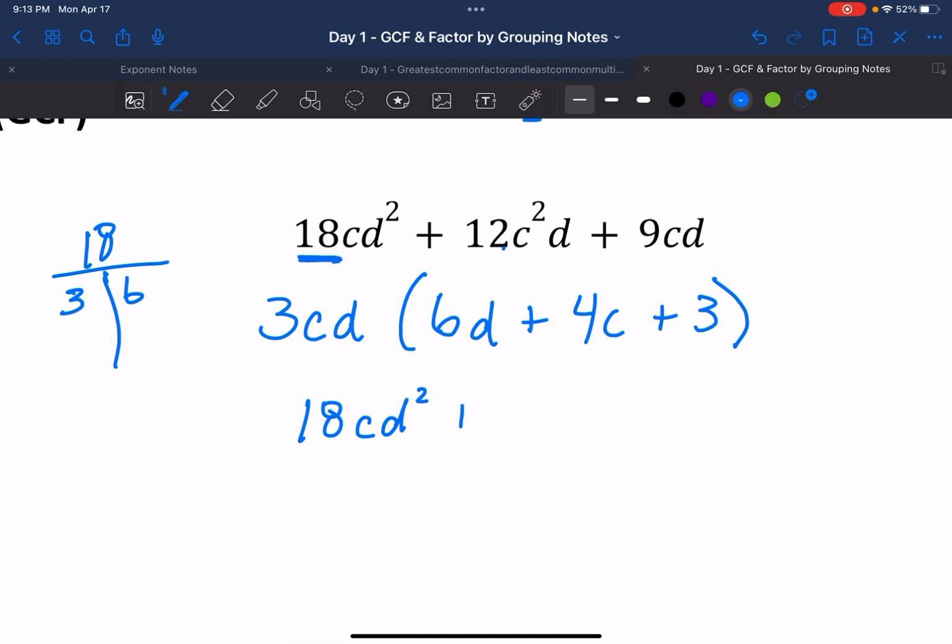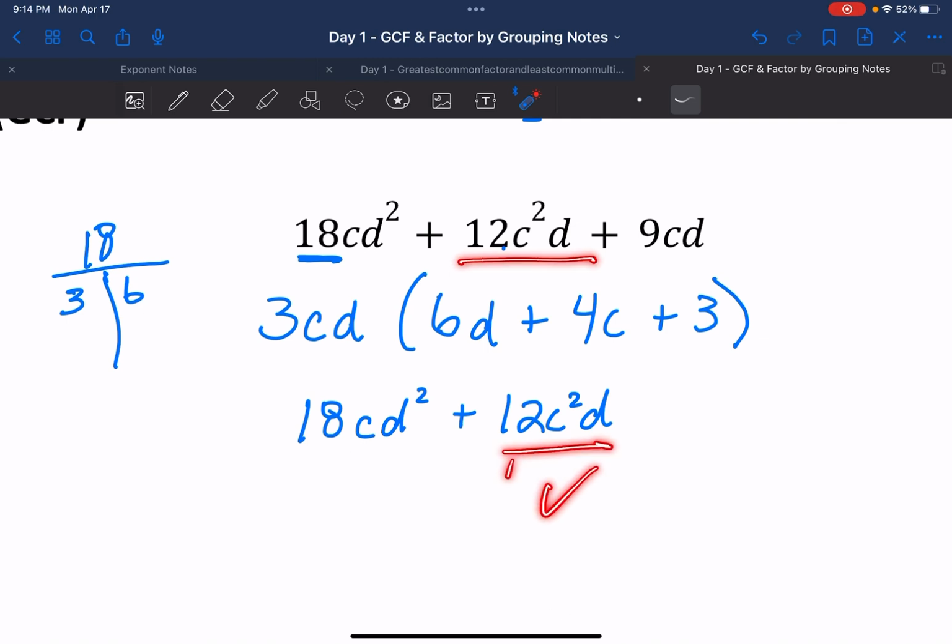The next thing I'm going to add, let's multiply those two terms together. 3 times 4 is 12. And the C times C is going to be C squared. And D times this term, I can't forget it. I need to put it in there. Oops, D. Oh, look at that. C squared, 12C squared D, 12C squared D. Yay, check.